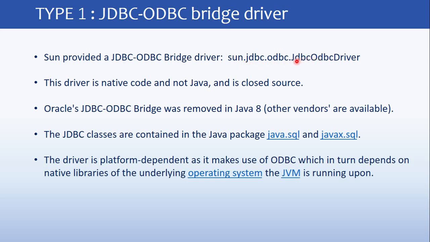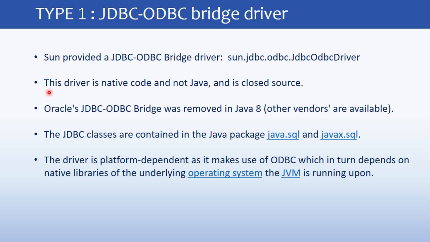Try to understand that JdbcOdbcDriver is a class name, that's why the J, O and D are in uppercase, and the rest is in lowercase. Why am I telling this? Because many times we make the mistake of typing the whole class name in small case only. This may create a problem in your application, so it needs to be considered.